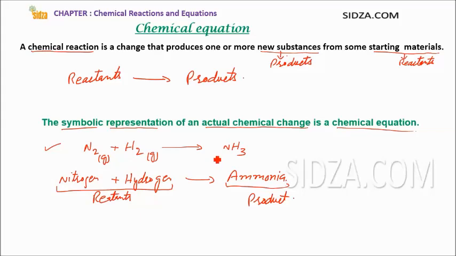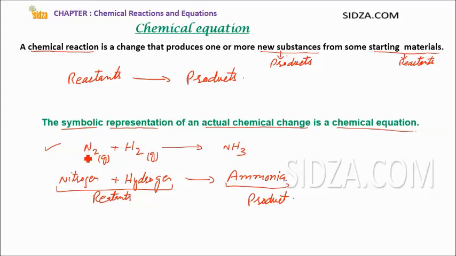In a balanced chemical equation, the number of atoms of the different elements on the reactant side is equal to the product side. If you look at this equation, it's not a balanced equation. We need to have an equal number of nitrogen and hydrogen atoms on both the reactant side and the product side.